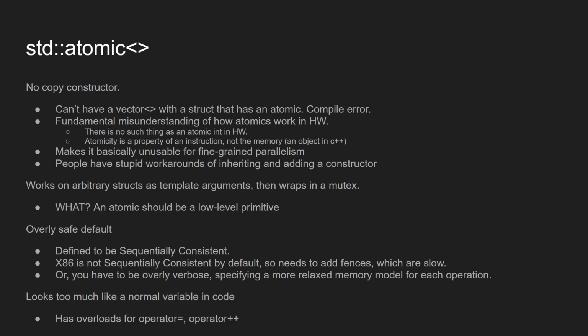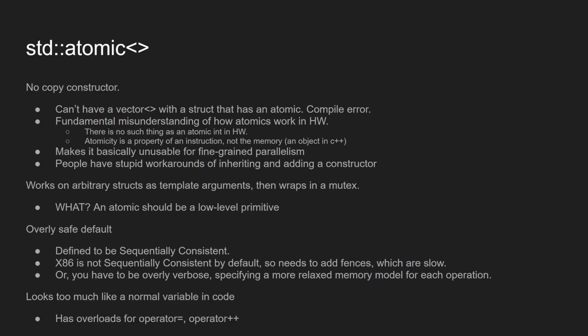I think this actually exemplifies a fundamental misconception of what atomics are. The thing is that in the computer architecture, there is no such thing as atomic memory. Instead, there's memory, and then there are atomic operations that can be performed on that memory.